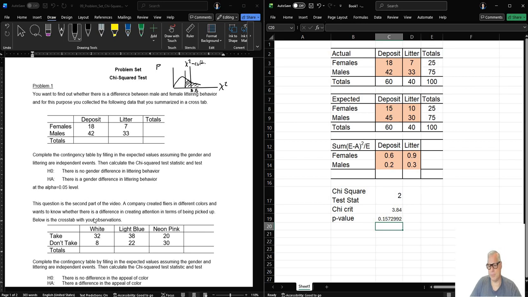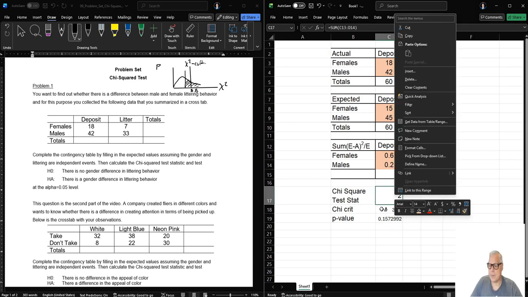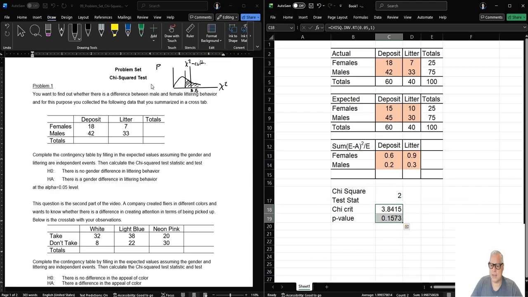And it's 15%. So there's actually a pretty big chance that we can find 18 females who deposit and 7 litter when there are 25 females, and when there are also 42 males who deposit but 33 who litter.